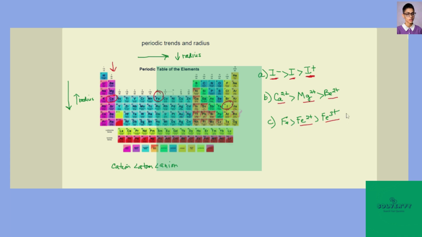And finally, iron 3 plus, the even more positively charged cation, is going to be the smallest of all because it has the fewest number of electrons for that same nucleus or same number of protons to have to account for. And iron 3 plus, the iron nucleus, is able to hold those remaining electrons even more tightly or closely to itself. And that results in iron 3 plus being the smallest of all the species here.